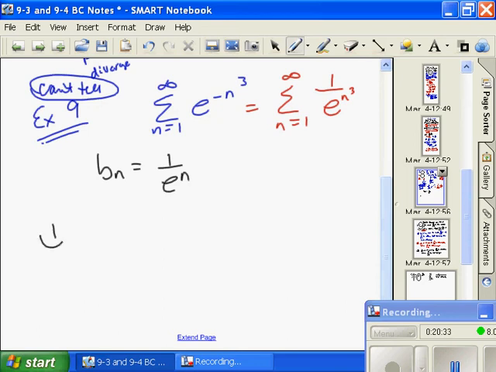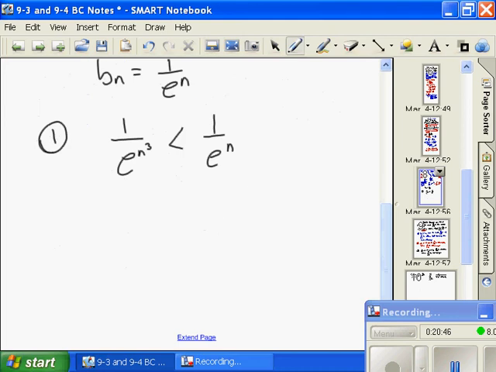So when I compare these two things, the first thing I'm going to think about is 1 over e to the n cubed. The denominator there is going to be larger than 1 over e to the n. Therefore, 1 over e to the n cubed will be less than 1 over e to the n. And that will be for n greater than 1.